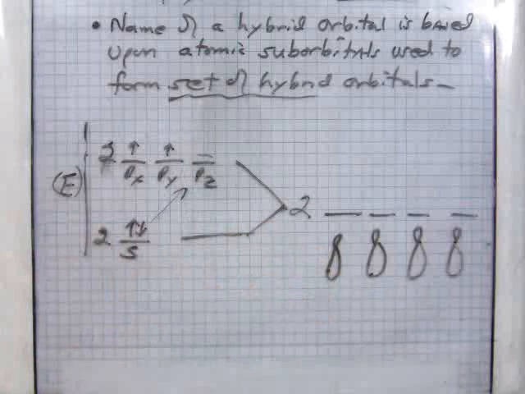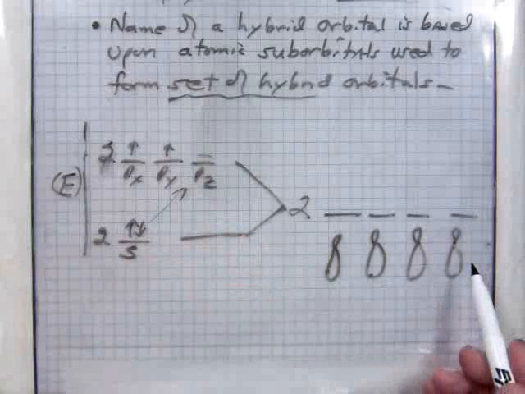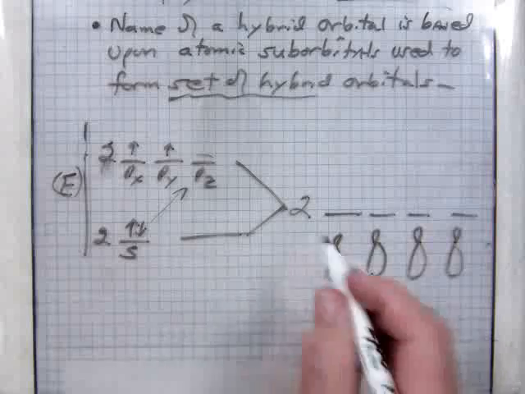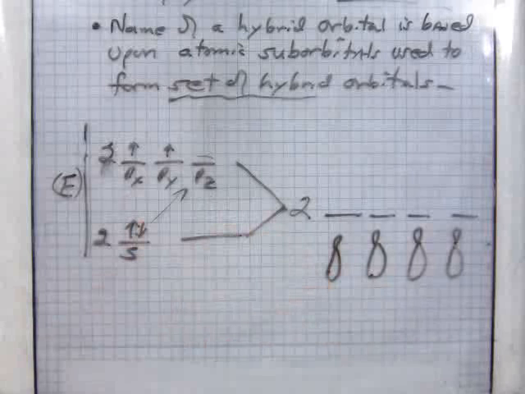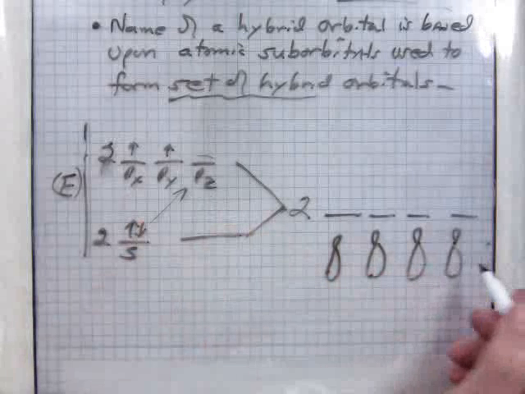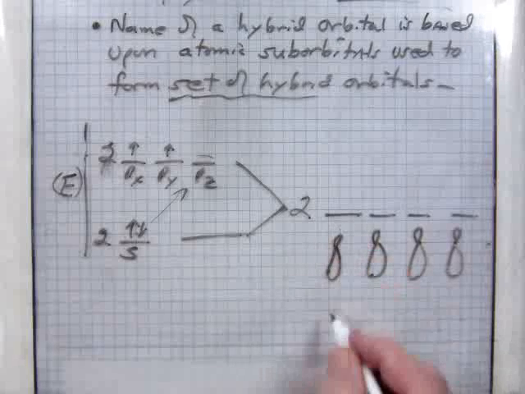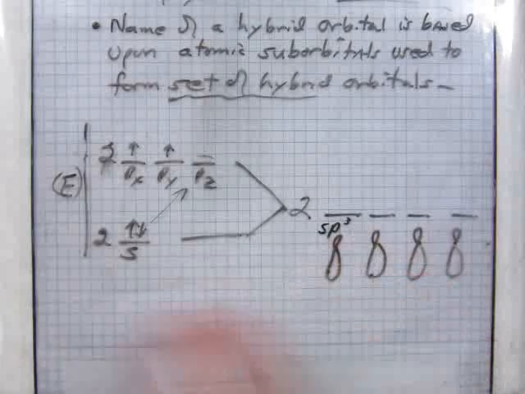That, in reality, is not what's happening. What you're doing is throwing all this in a blender, grinding it up, and pouring it out into 4 equal stacks. So what did we use? We took everything here. We took an S and 3 p orbitals, blended them together, and got all this. So the name for this orbital is an sp3 hybrid orbital.